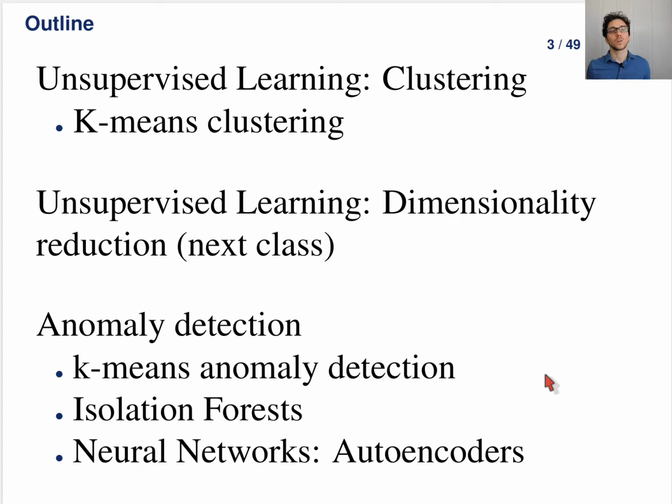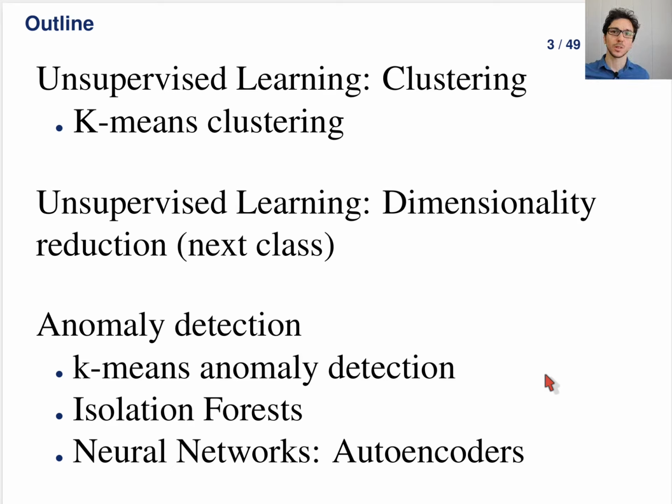Or we can try to reduce the amount of information with which we describe the dataset. And this technique is called dimensionality reduction, that we will see in the next lesson. Or we can try to understand what are the samples completely dissimilar to the rest, to the normality of the samples.